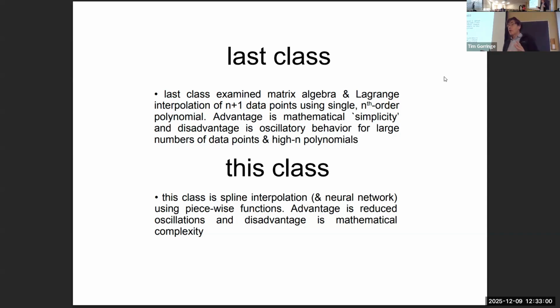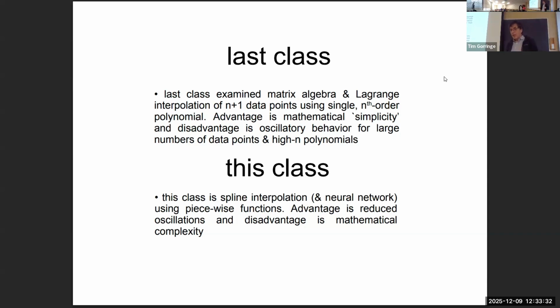Both of those procedures, one high order polynomial or a set of low order quadratics and cubics through a set of data points, are ways of mathematically drawing a line through a set of data points and mathematically learning from that set of data points. And so we're going to compare those two cases.